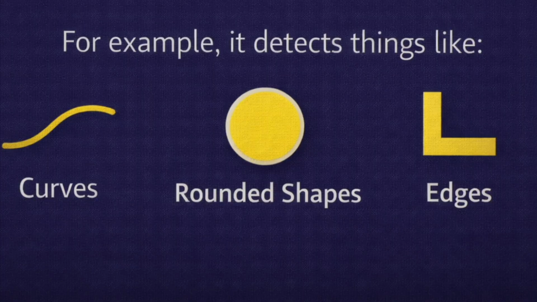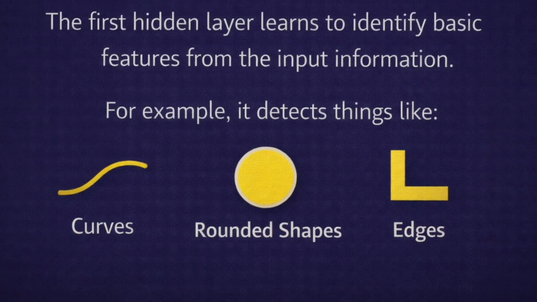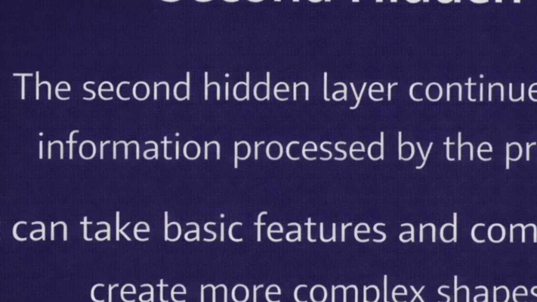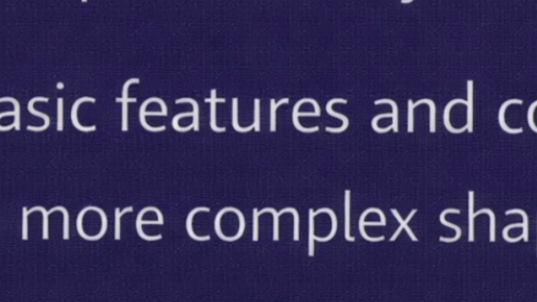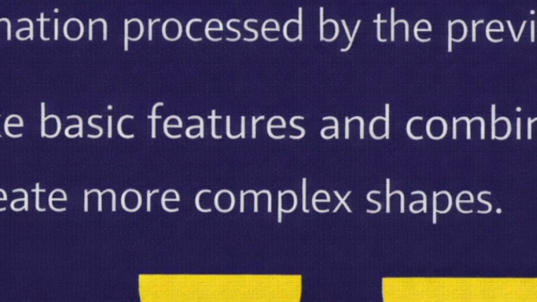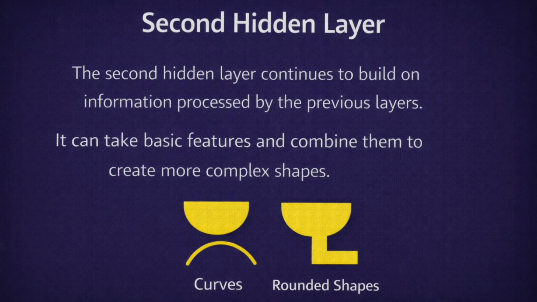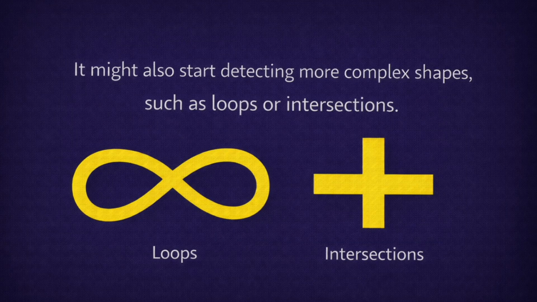For example, it might detect things like curves, round shapes, and edges. In the second layer, it continues to build on the information processed by the first hidden layer. It takes those basic features and starts combining them, noticing things like a curved bottom and a rounded element at the top. It might even start detecting other complex shapes such as loops or intersections.